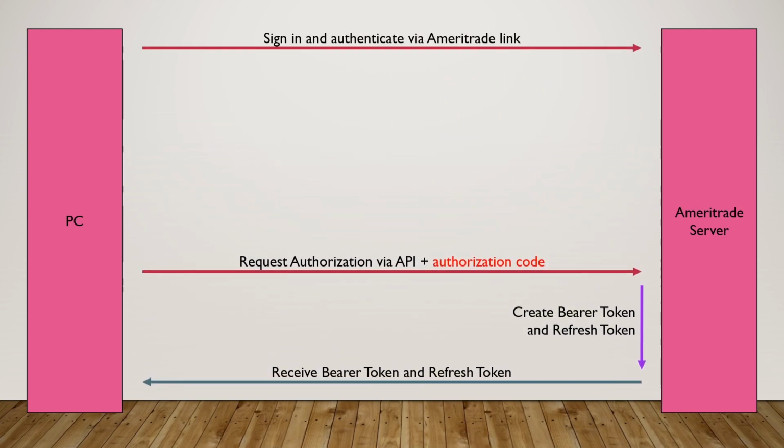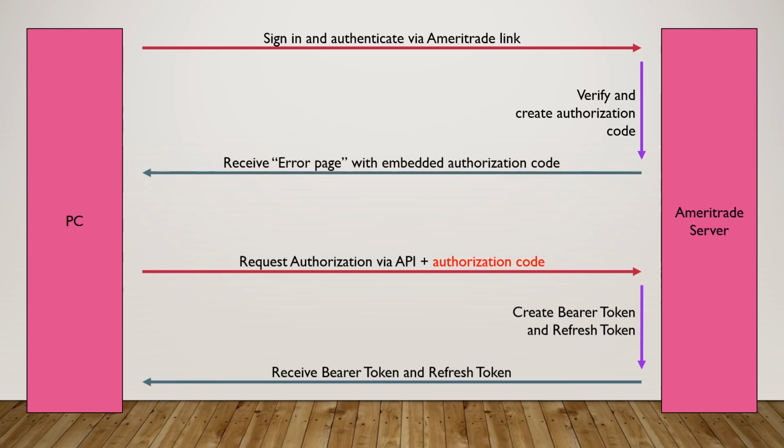So there is another process where you can sign in and authenticate yourself via a link that's provided by Ameritrade. Ameritrade will then verify that you are who you are and create an authorization code and return that authorization code to you. It does that by a very peculiar way.